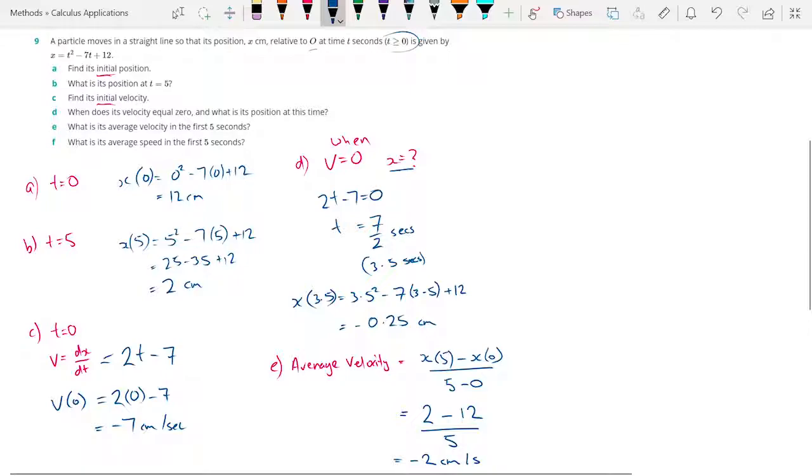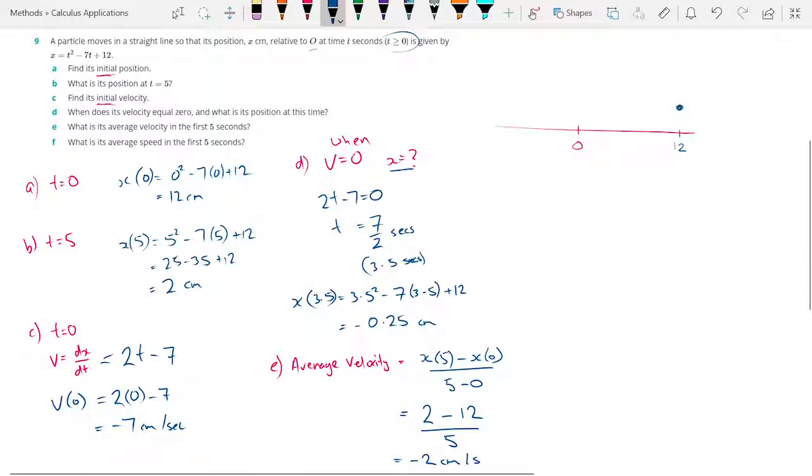And we notice that velocity, being negative, tells us the direction in which it's traveling. I'm going to sketch the position of the particle over time. I'm just going to use a horizontal axis here. So there's our origin, our starting reference point, and we know when t equaled 0, x was at 12 centimeters away from it.